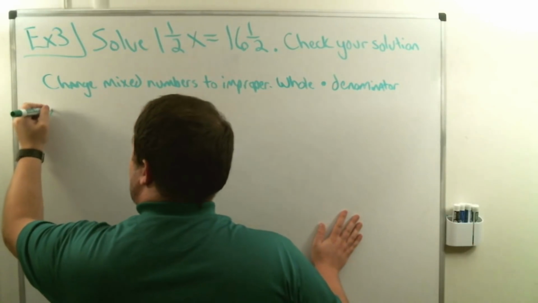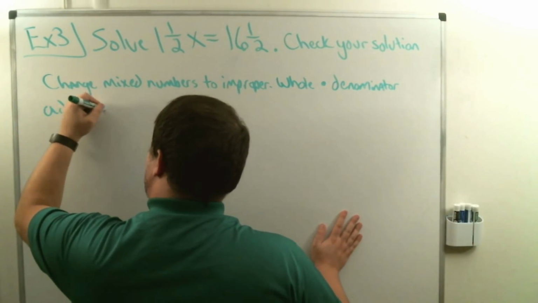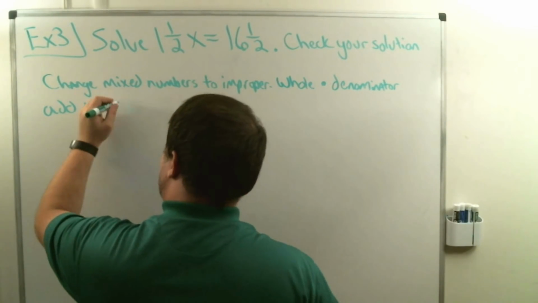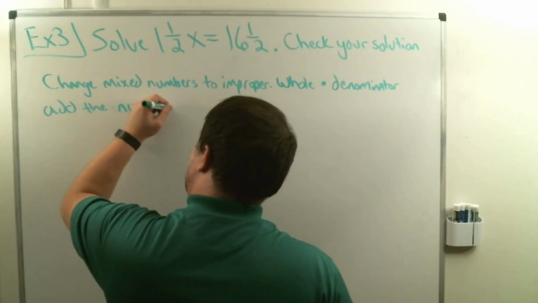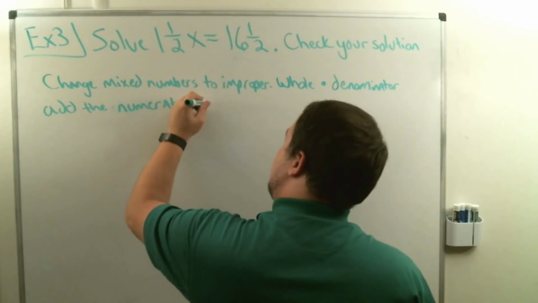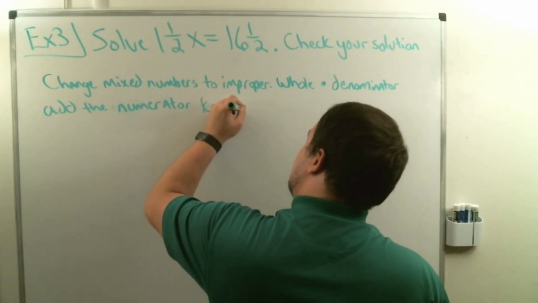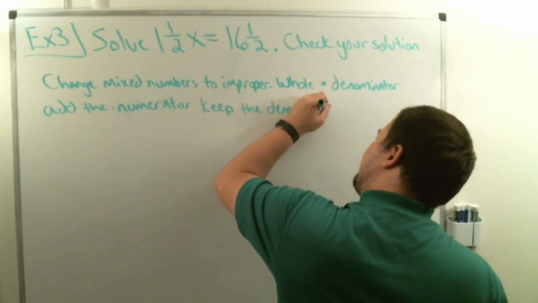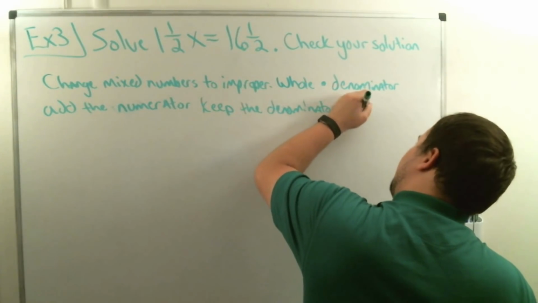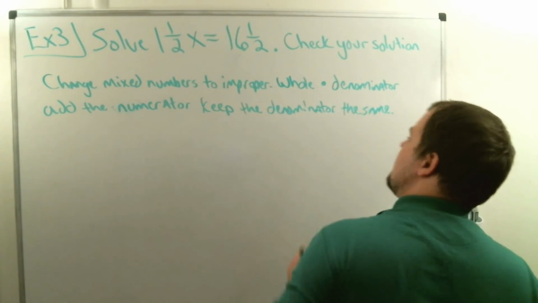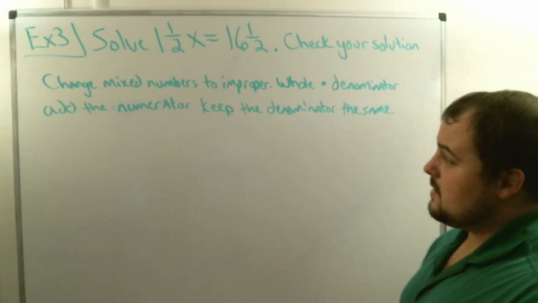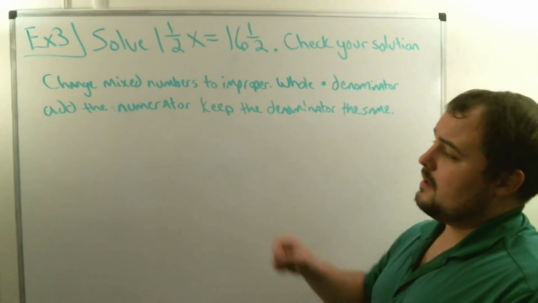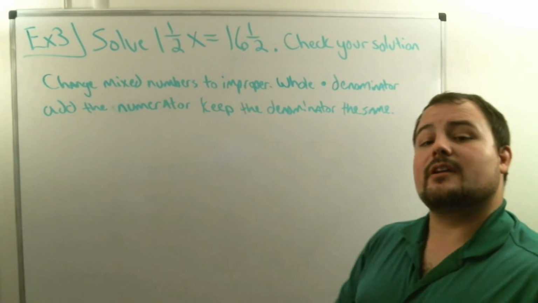We take that answer, we add the numerator, and we keep the denominator the same. So, to change a mixed number to an improper, all we got to do is multiply by the denominator, add the numerator, keep the denominator the same.